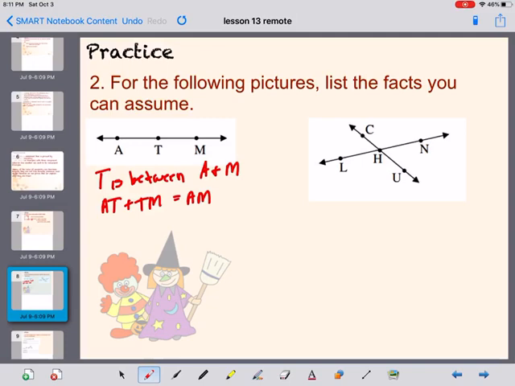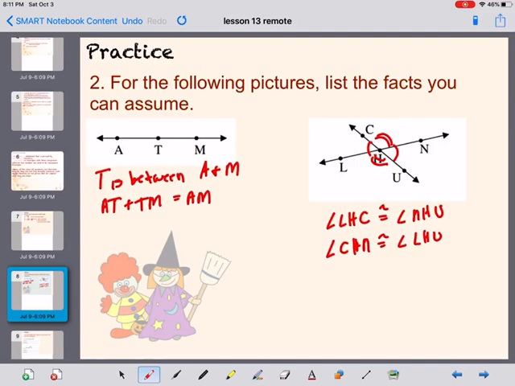What about the second picture? What do you guys think we can assume there? Well, I can say that angle LHC is congruent to angle NHU because they're vertical angles. Similarly, I could say angle CHN is congruent to angle LHU, also because they're vertical angles.